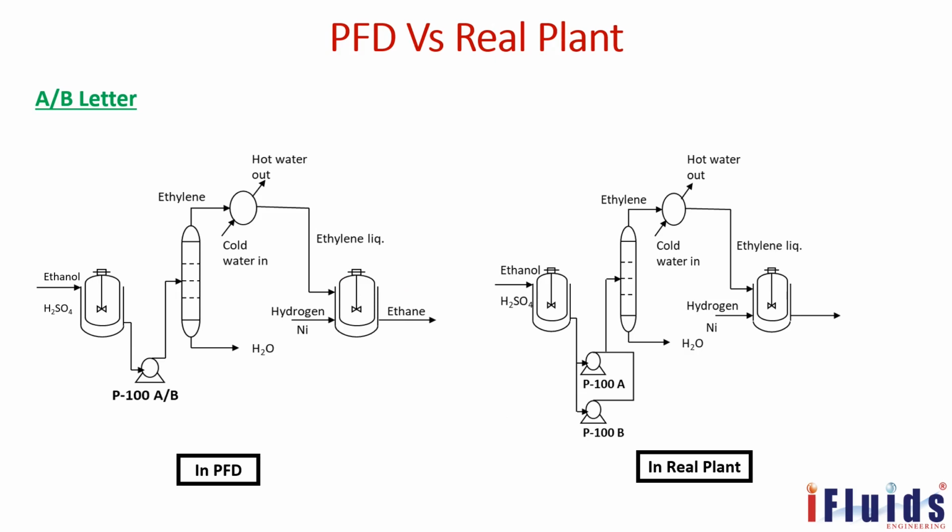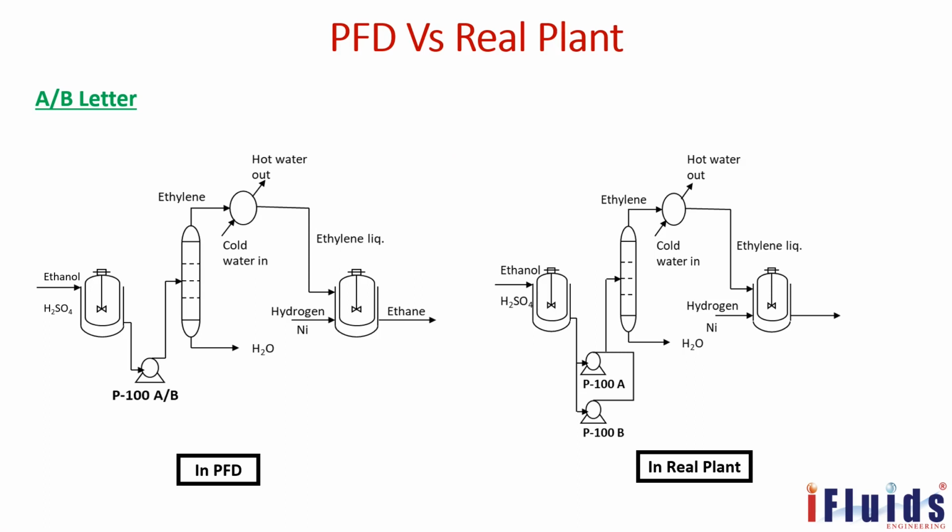This PFD is a real plant. In the PFD you have to show two pumps as P100A/B. The left-hand side is a PFD, but the real plant is on the right-hand side. If you go to the real plant, the pump will be different. See, 100A, 100B are shown differently.